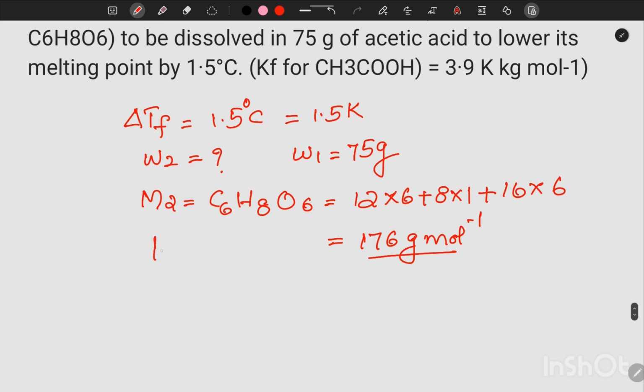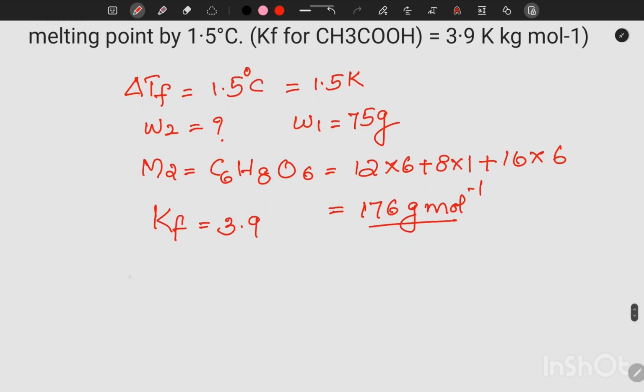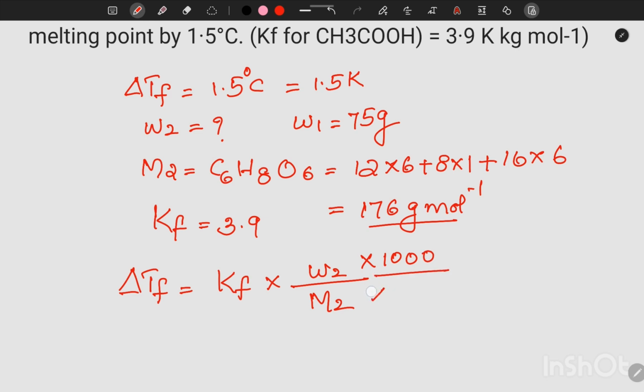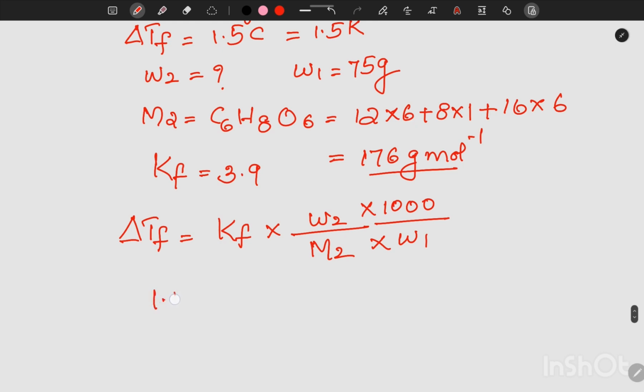Next, Kf is given as 3.9 Kelvin kilogram mole raised to minus 1. So delta Tf is equal to Kf into molality, mass of solute by molar mass, all divided by mass of solvent in kg. So when we take reciprocal we can write the equation like this. Now let us substitute. 1.5 is equal to 3.9 into mass of solute that we don't know.